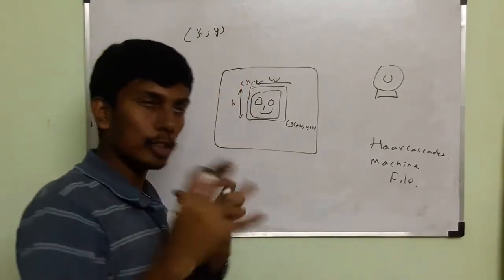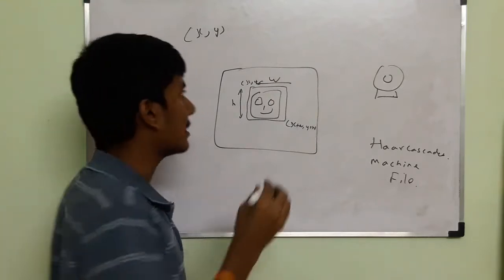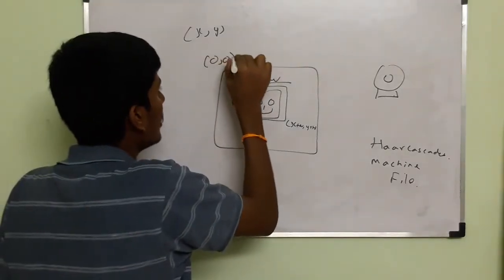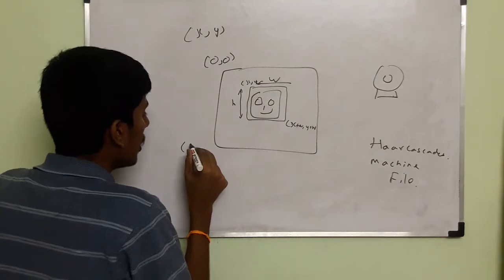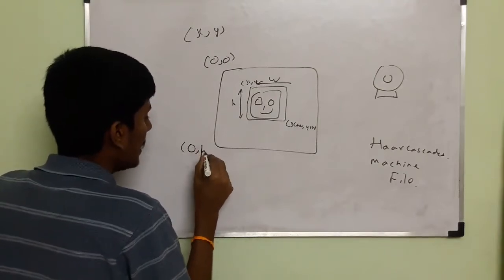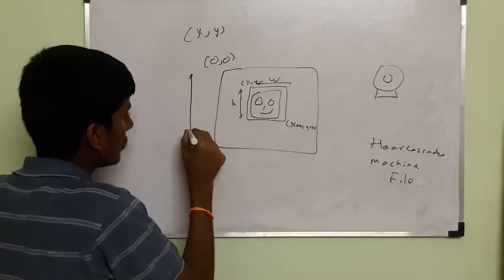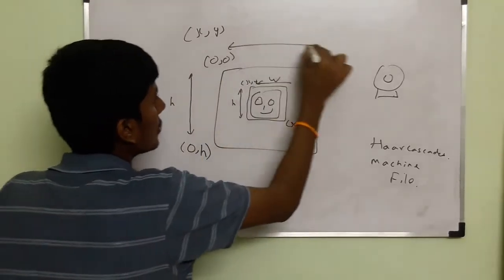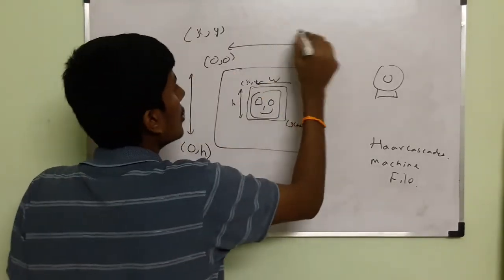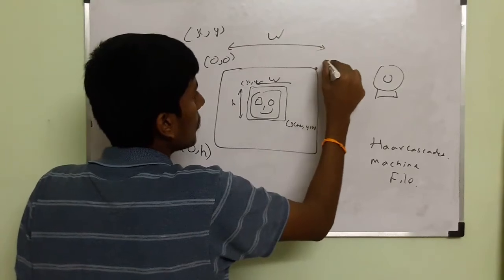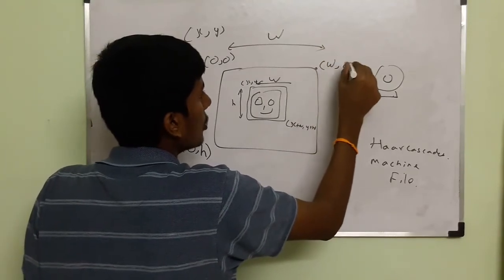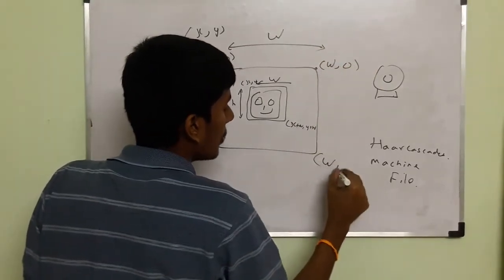An image has a coordinate system. So now this is 0 comma 0, and this is 0 comma height. So this is the height of the image, and this is the width of the image. So this will be w comma 0, and this will be w comma h.